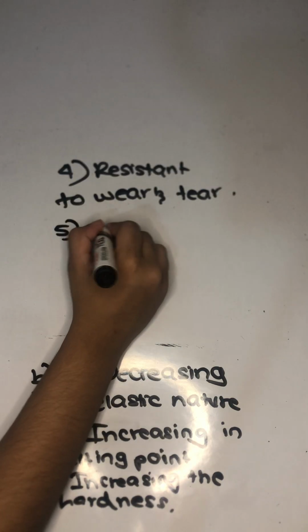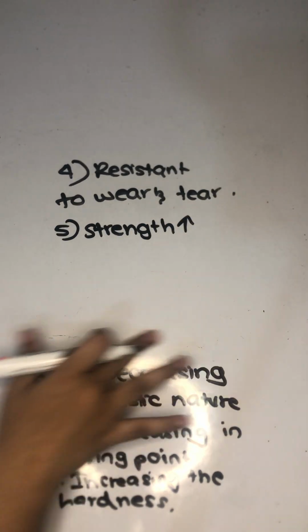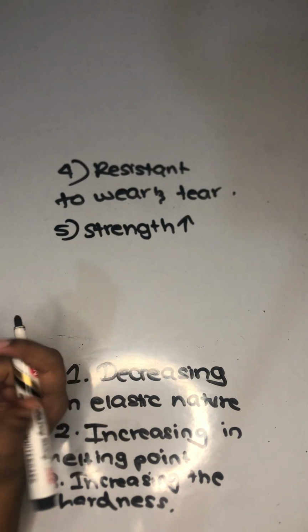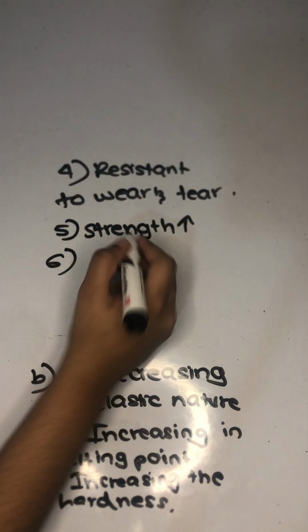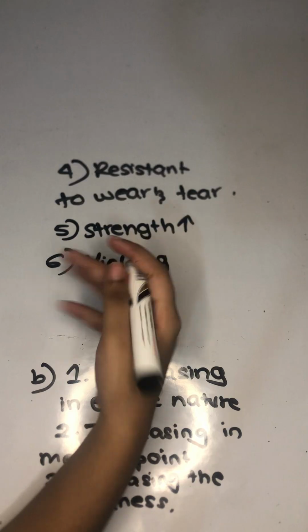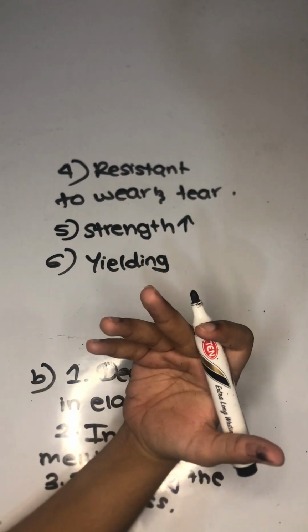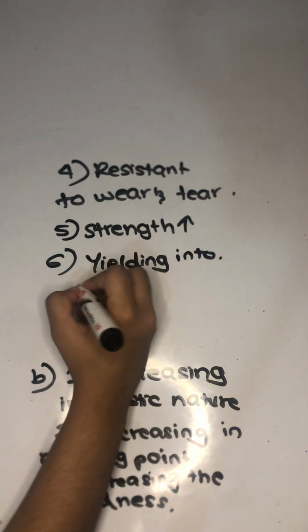That is another answer, right? Strength increases, because if hardness is increasing, that means strength is increasing. It's logical, right? And it's also yielding to pressure or heat. So no matter how much pressure or heat you supply, it's not going to wear off, or it's not going to change its structure very easily. Okay, yielding to pressure or heat is another answer.